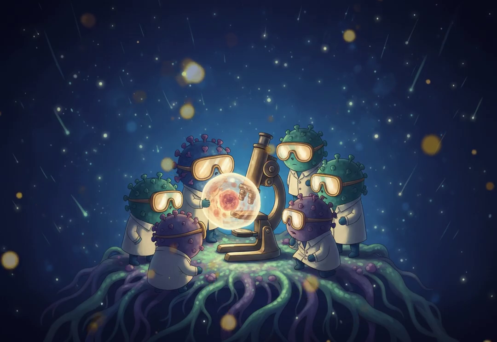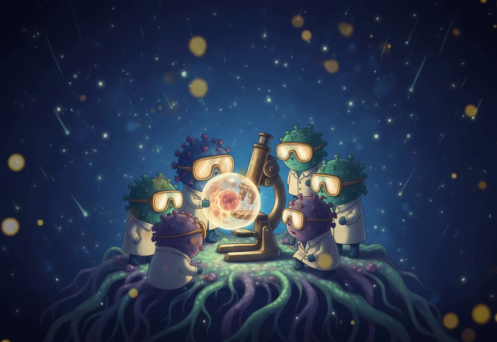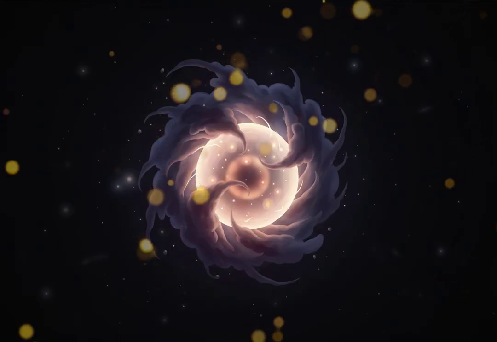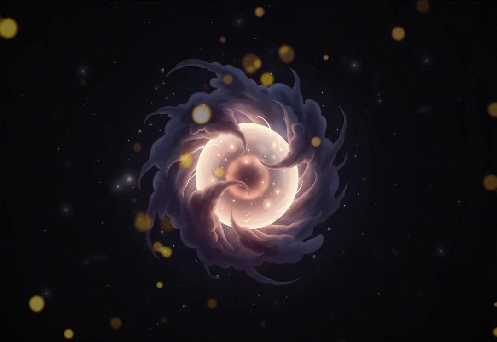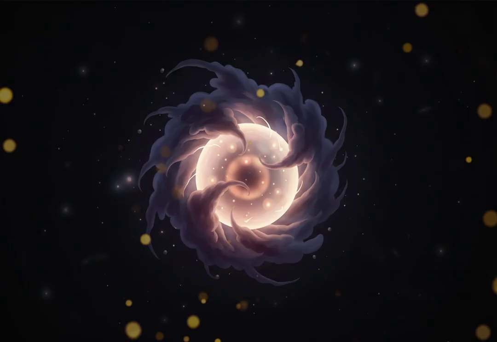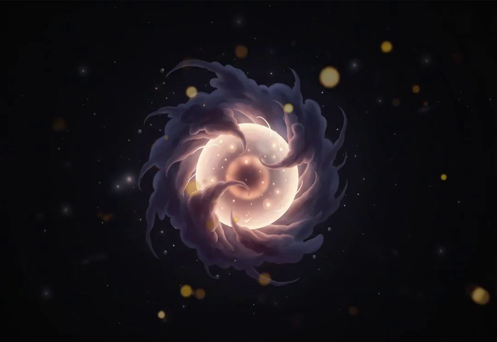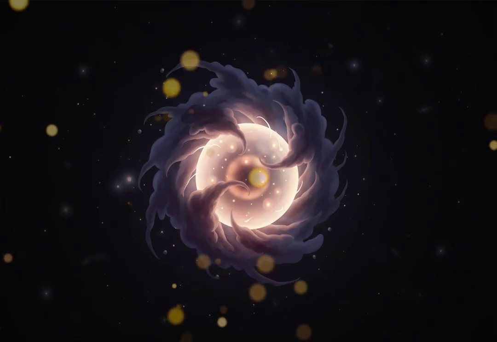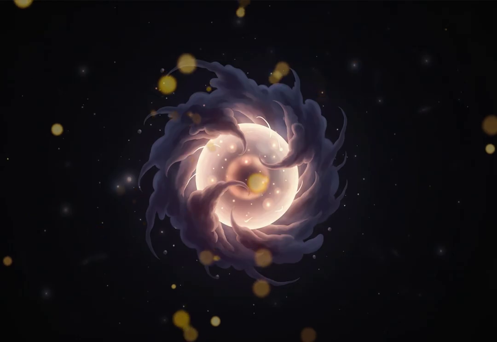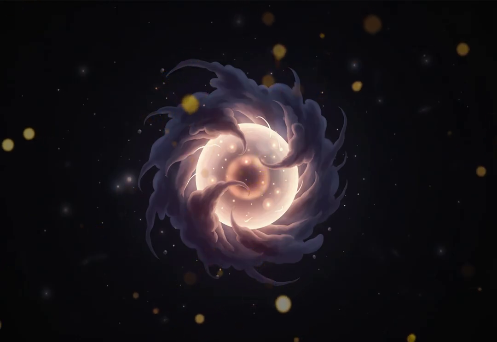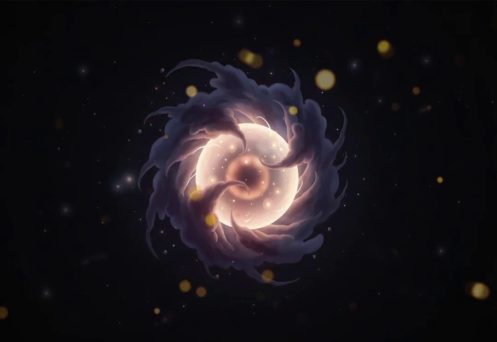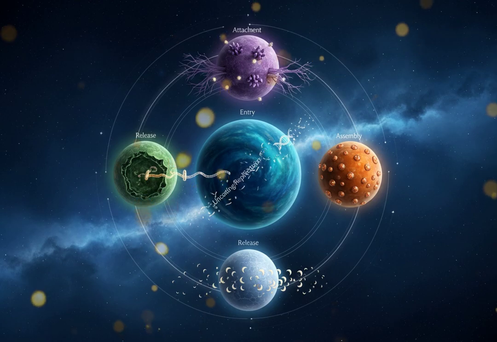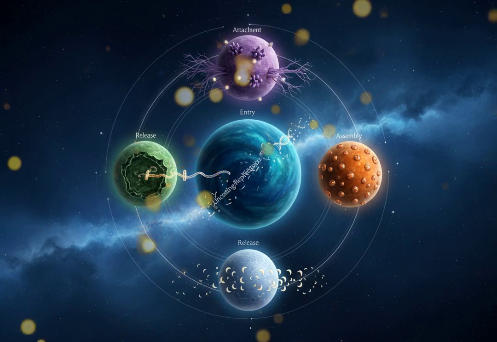Throughout this intricate process, the virus must also contend with the host's immune responses. The immune system stands as a formidable adversary, equipped with various strategies to detect and eliminate viral invaders. This ongoing battle creates a dynamic environment where viruses must continually evolve to evade detection. The strategies employed by viruses to escape immune surveillance are as diverse as the viruses themselves.